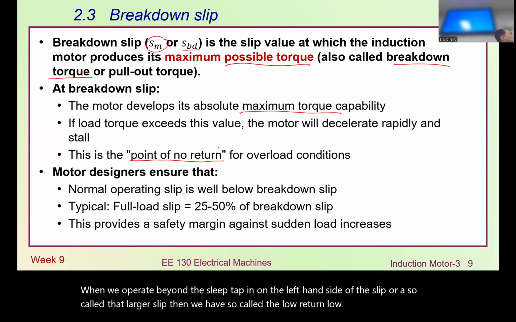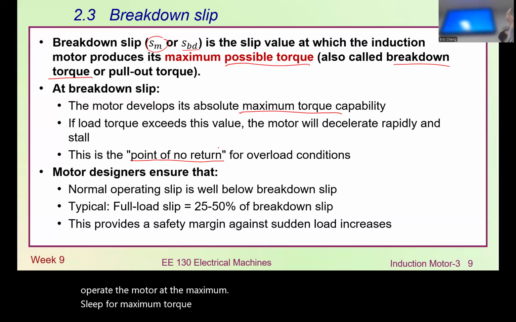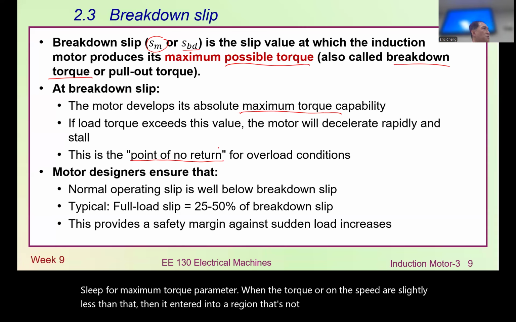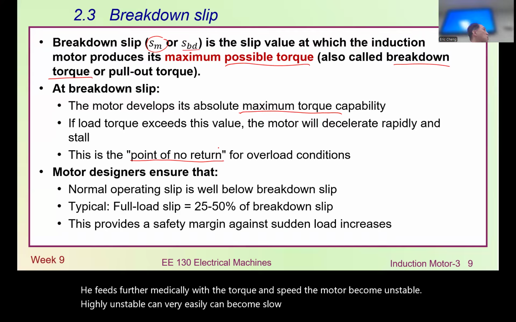That means if you operate the motor at the maximum torque point and the speed becomes slightly less than that, you enter a region that's not favorable for operation. If we further manipulate the torque and the speed, the motor becomes highly unstable and can very easily stall completely. That's the region we don't like to operate in.